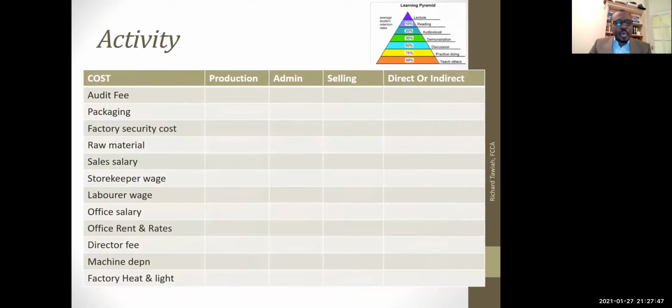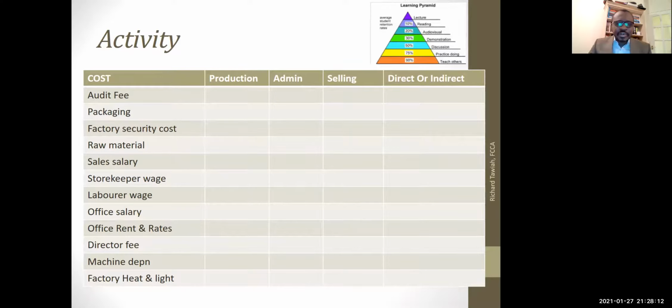Let's take a more detailed example. Audit fee. This is purely an admin cost, and it is indirect to the product, okay? Packaging of the product is a production cost, and purely we can say it is direct. All right, factory security cost. Factory deals with production, but the security cost cannot be traced to the product.